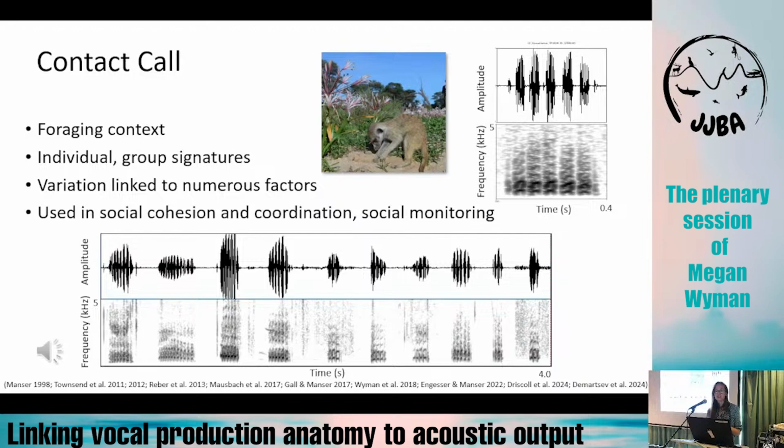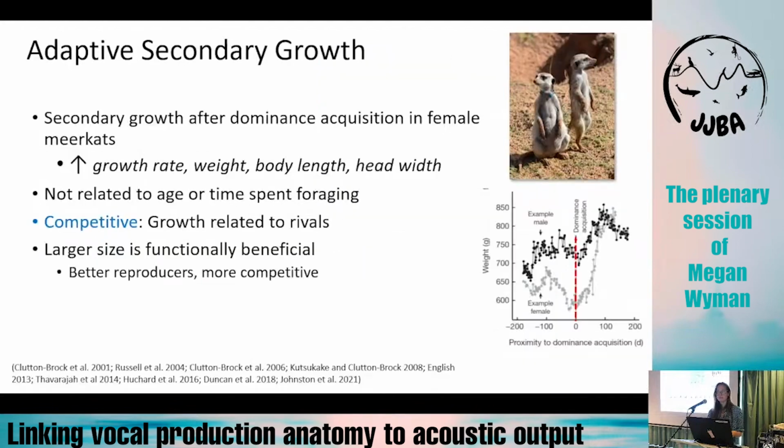The variation in here is linked to a number of different factors, like the presence of pups and the behavioral context, given within the foraging context in general, for instance if they're moving fast or digging in a deep hole. Social rank and environmental factors can affect it. There are individual and group signatures within these calls. Playback experiments and other types of work have shown that they're used in social cohesion and coordination, and also social monitoring between individuals.